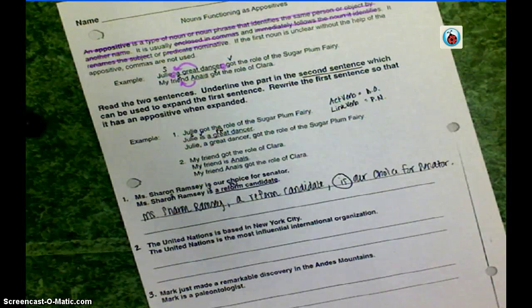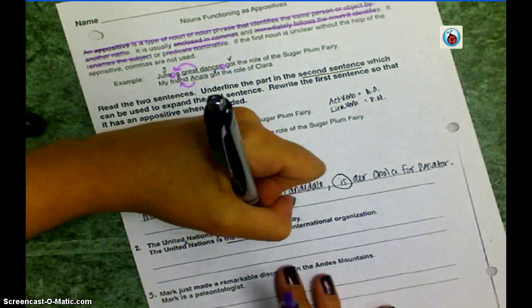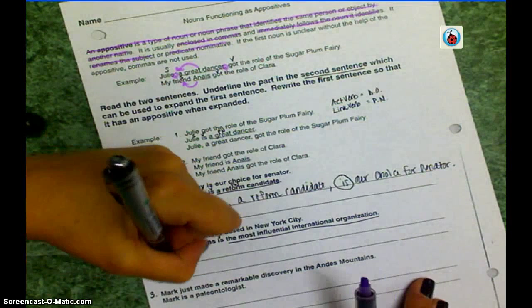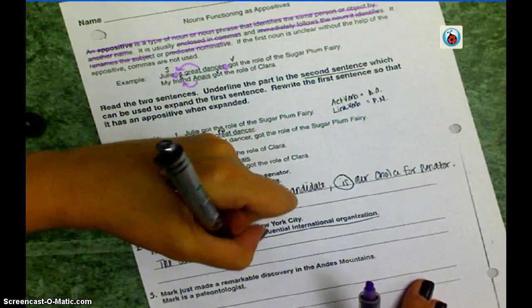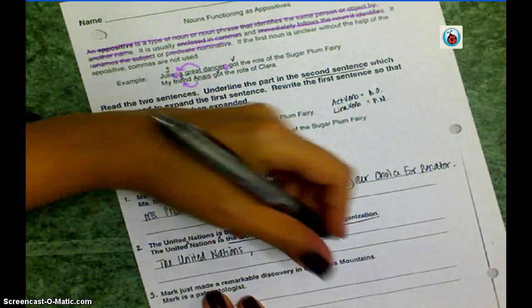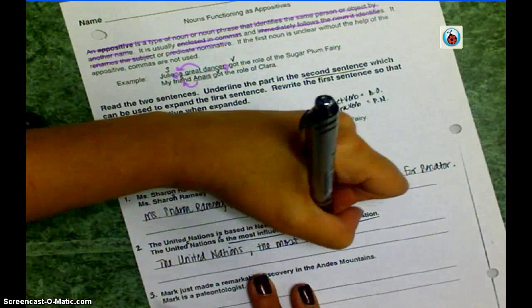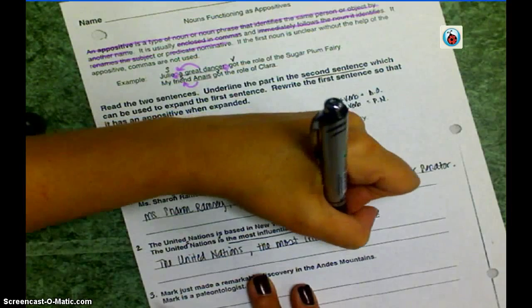The United Nations is the most influential international organization. Who or what did it? United Nations. What did it do? It is what? The most influential international organization. The United Nations, comma, because it's specific, we already know what it is.